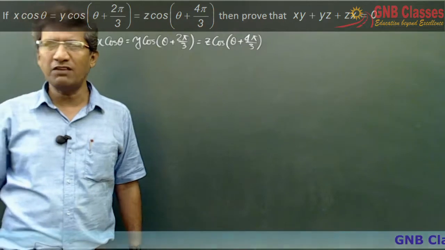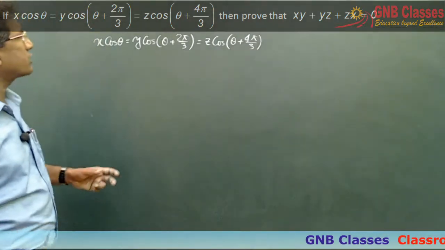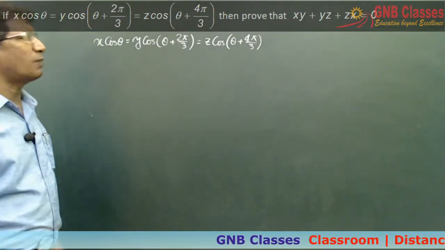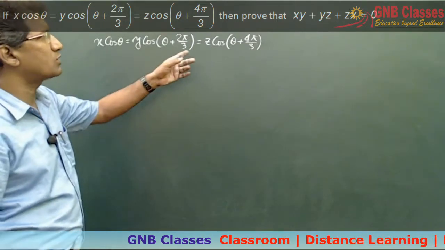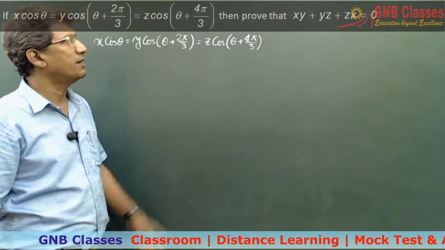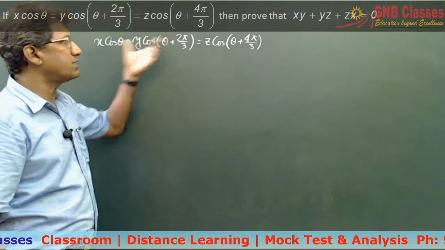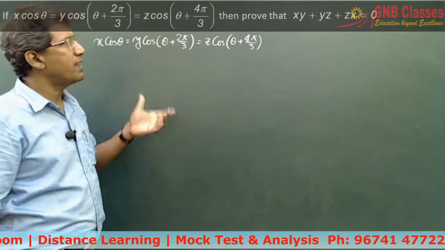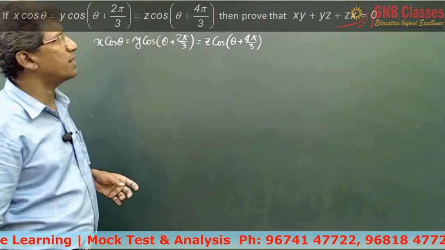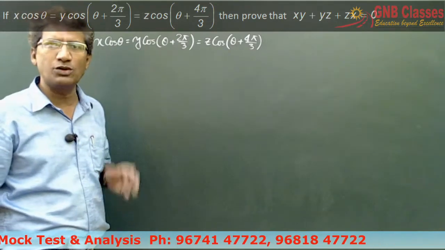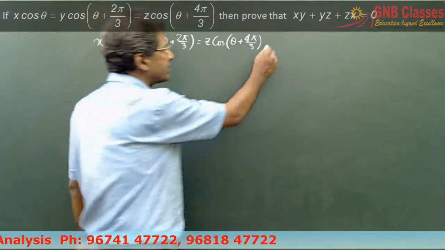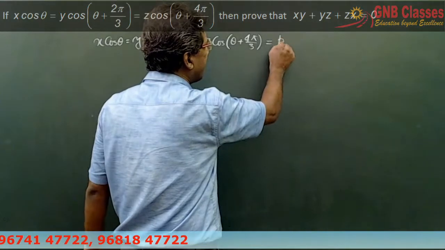Now in this sum they have given us that x cos theta equals y cos(theta plus 2 pi by 3) equals z cos(theta plus 4 pi by 3). They have given you this relation and they have said to prove that xy plus yz plus zx equals 0. So what I'm doing here is I'm taking this as k.